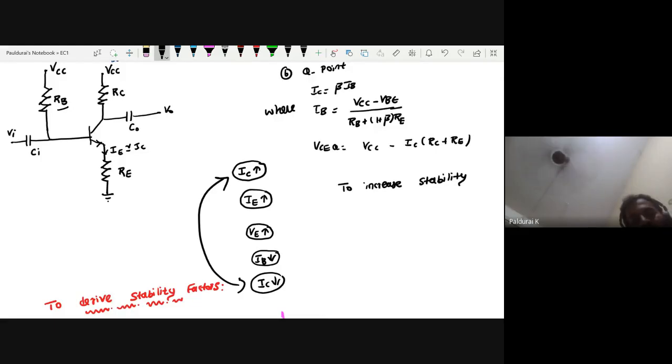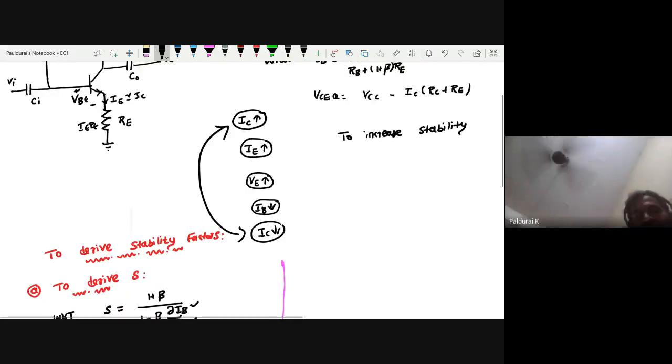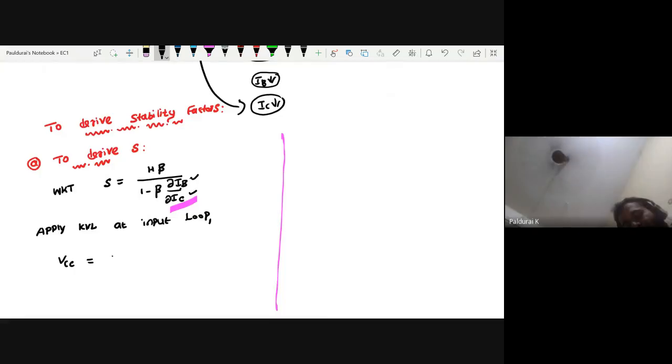Here the voltage drop across RB, here the voltage drop VBE, and here the voltage drop IE RE. So VCC equals the drop across RB, plus the drop from base to emitter, plus the drop across the emitter, IE RE.